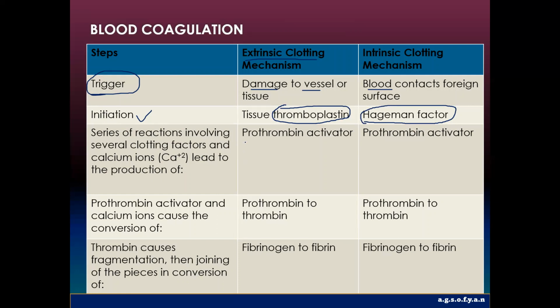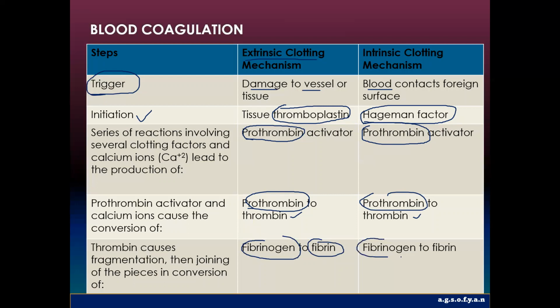For the extrinsic clotting mechanism, the prothrombin will be the activator. It's going to be the same with the intrinsic factor. Prothrombin then will be converted into thrombin. So this is the same process, intrinsic or extrinsic. And in the final process, this thrombin will convert the fibrinogen into fibrin thread.